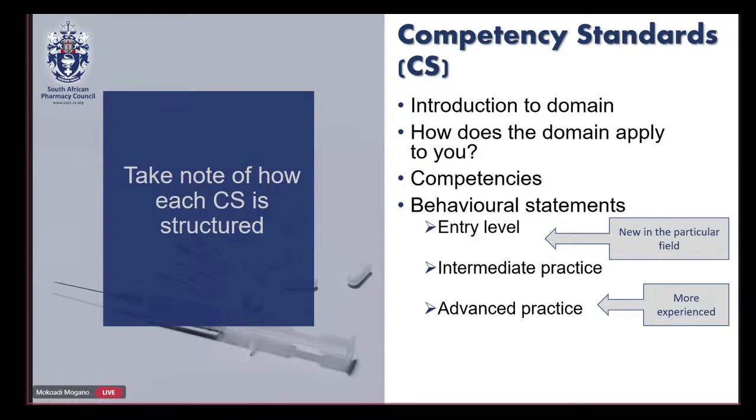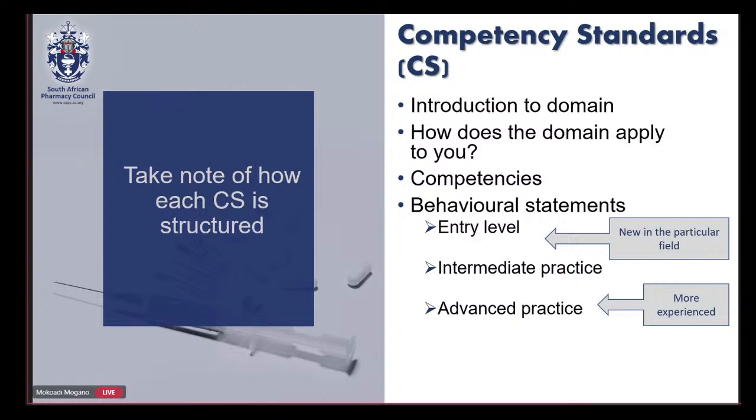We also have the competencies that are listed under that particular domain, and behavioral statements, which comprise three levels. The first one is entry level. Entry level is a pharmacist who has just begun or who just registered with Council recently, and those are pharmacists who have been in practice for not more than 3 years, right?